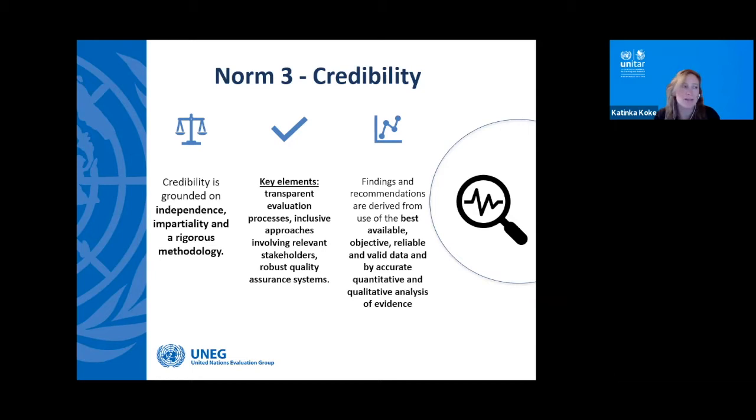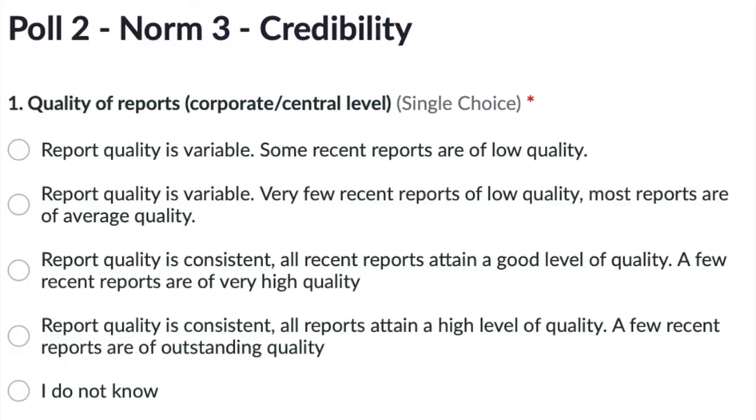The key elements of it are transparent evaluation processes, inclusive approaches involving relevant stakeholders, and robust quality assurance systems. And it's important that findings and recommendations are derived from objective, reliable, and valid data sources and accurate quantitative and qualitative analysis. And the second poll question, we will launch it now.